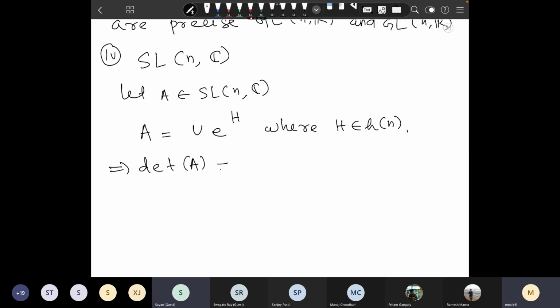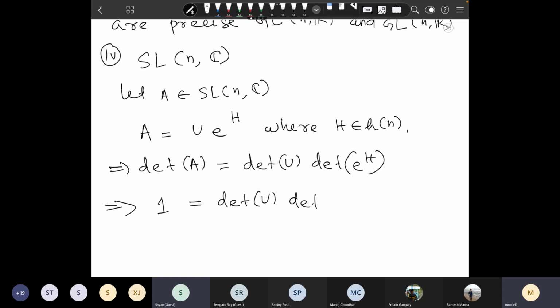Determinant of A is the determinant of U times the determinant of e to the power H. Okay, so this is equal to 1. The determinant of U, and the determinant of e to the power H will be e to the power trace of H. Since H belongs to H(n), H has real entries on the diagonal, right?